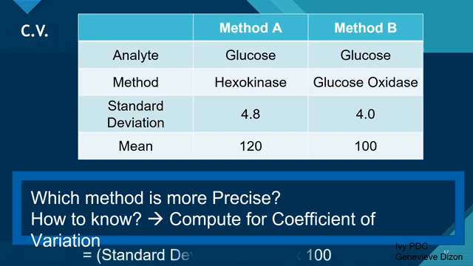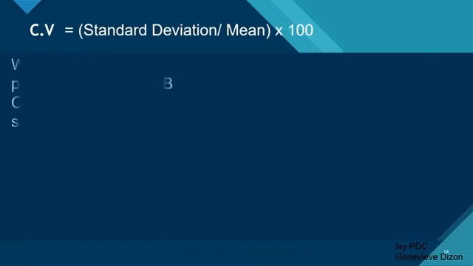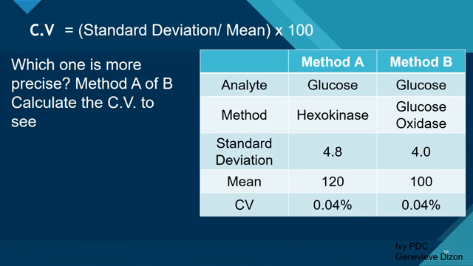So we now compute the CV of each. How do we compute the CV again? It's the standard deviation divided by the mean multiplied by 100. So which one is more precise? After computing the coefficient of variation of each analyzer, the first one gave a CV of 0.04%, and the second one also gave a coefficient of variation of 0.04%.